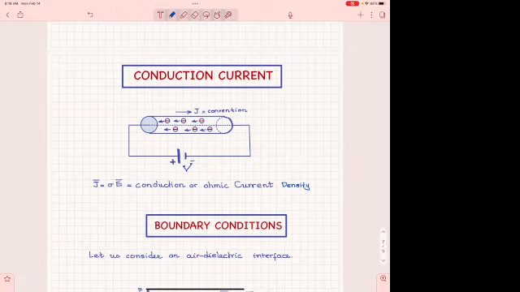But that's the convention we use. And on the basis of that convention, we write all of the circuit expressions, Ohm's law, Kirchhoff's laws, whatever. We have built the whole circuit theory on that. So you need to remember it. Electrons to the left, but the conventional current shows to the right.